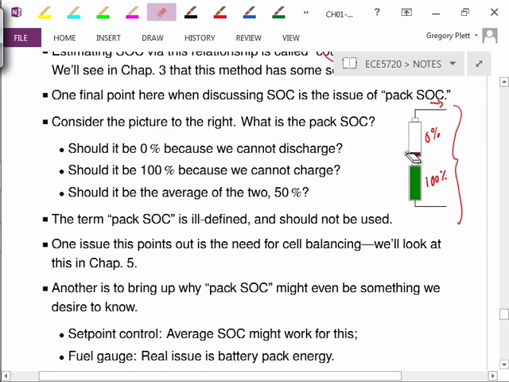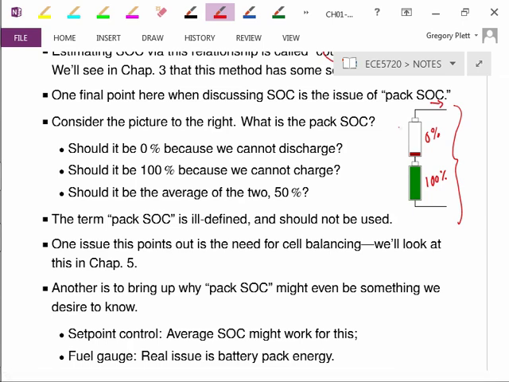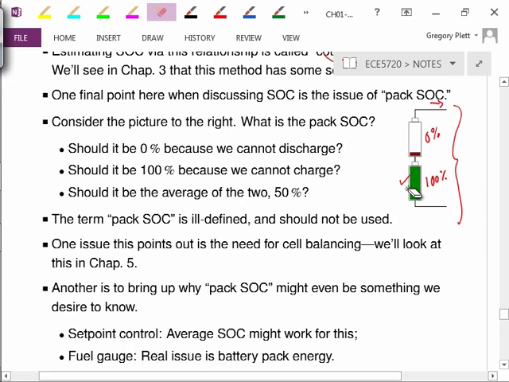But that doesn't make any sense, because if you tell me my battery pack is at 0% state of charge, I say, oh, I need to plug it in. I need to charge it right now. But I can't charge it. If I put any charge into this battery pack, this cell is going to become overcharged. So 0% is not the right answer, I don't believe.